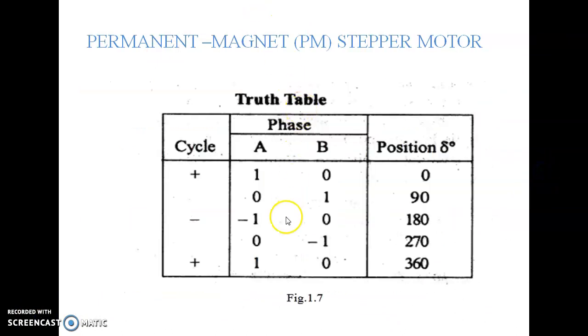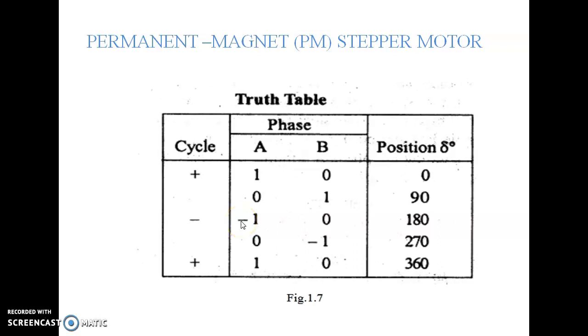So here we can see the truth table. For the positive half cycle, A is excited, B is unexcited, position, step angle is 0. Now, secondly, A is de-energized, B is energized, the position is 90 degree.